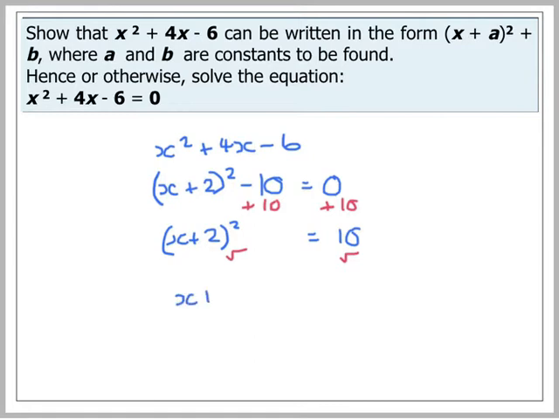Gives me x plus 2 equals the square root of 10, and then I just need to kick this 2 off. And that's going to give me my two answers. I should have put plus or minus square root of 10 in there really, because there's going to be one answer which is the positive square root of 10, take away 2, and the other answer will be the negative square root of 10, take away 2.